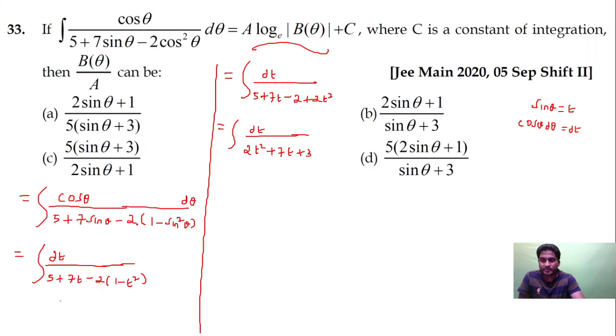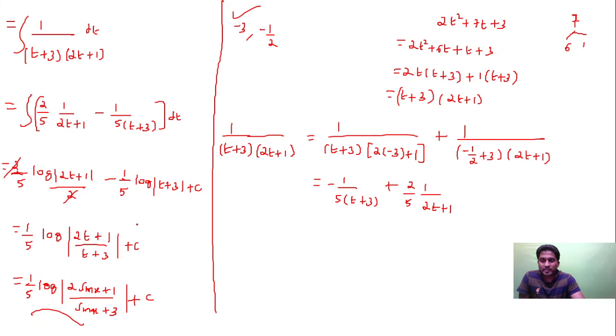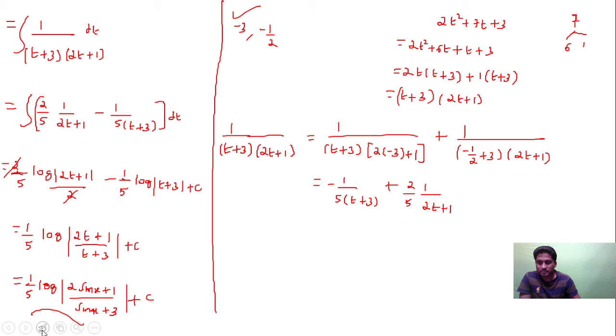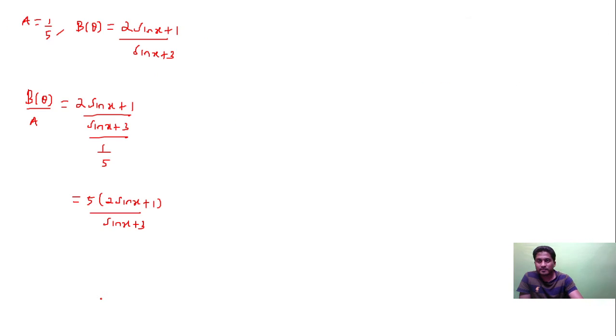You get 5 into 2 sin x. I took x is equal to sin theta, right? In place of x it should be theta only. So replace t is equal to sin theta. So this is sin theta, this is also sin theta. So this is b of theta, function of theta. So wherever x is there, you take theta.